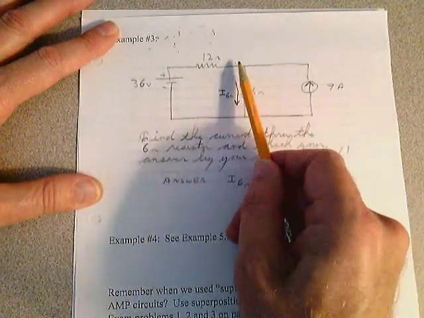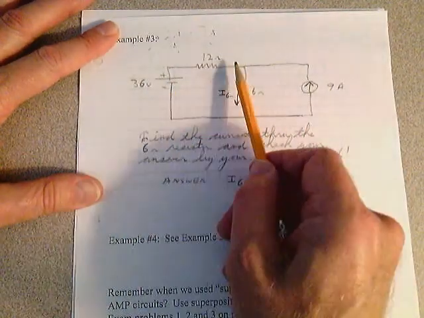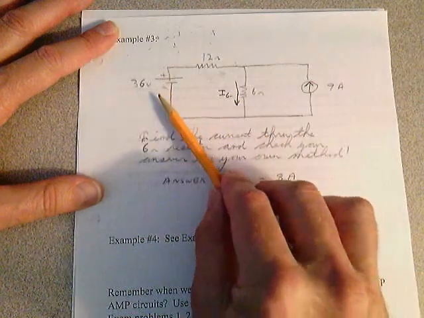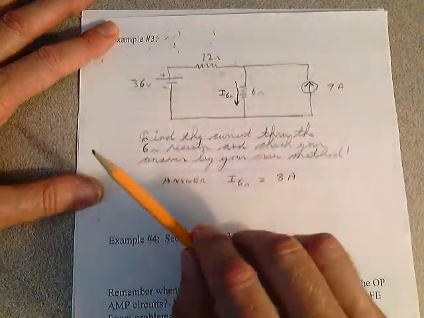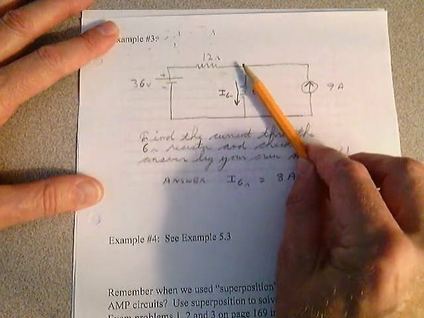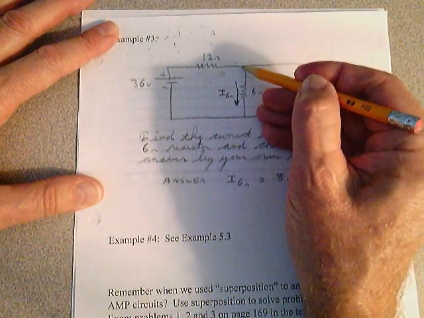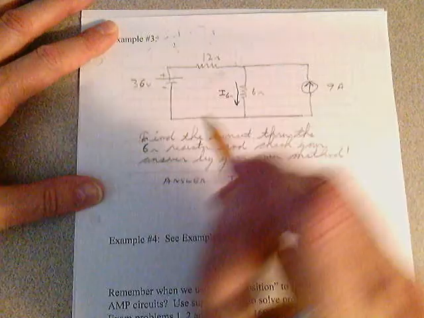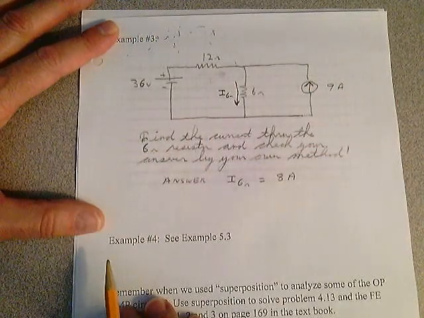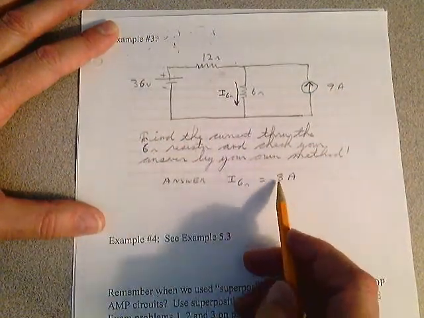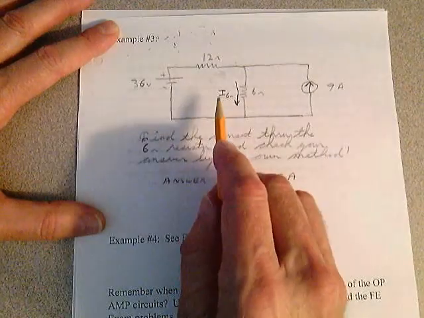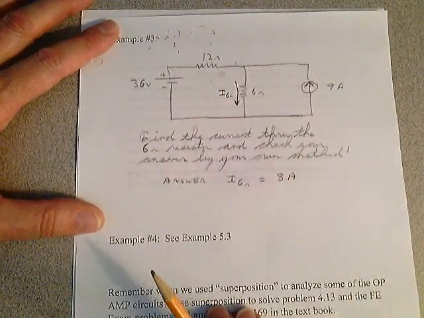This is going to produce a current down, and this is going to produce a current down. So you can use common sense in this case and assign a current from plus to minus, from top to bottom. The answer is 8 amperes. Make sure you can do this simple problem so you can do the more advanced problems.